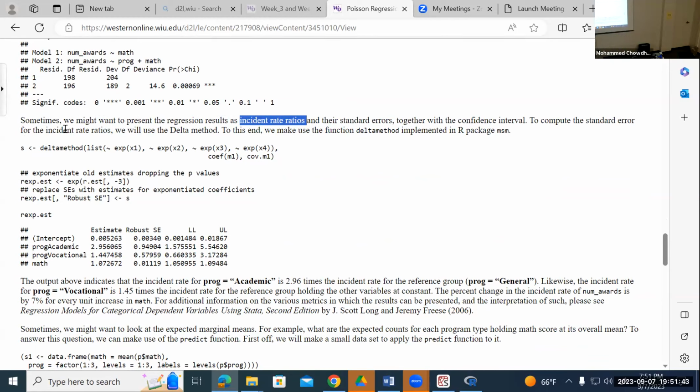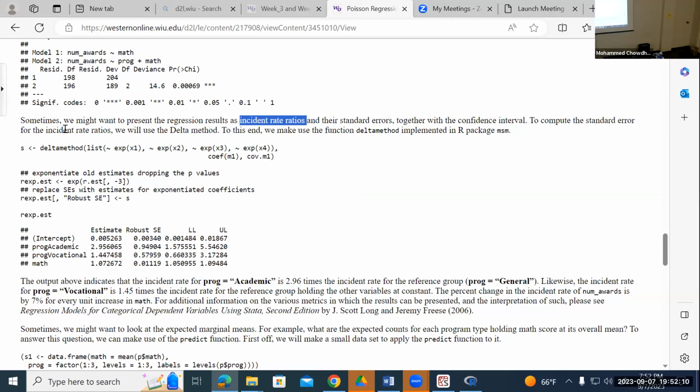Sometimes we might want to present the regression results as incidence rate ratios and their standard errors together with the confidence interval. To compute the standard error for the incidence rate ratio, we will use the delta method. To this end, we may use the delta method function implemented in the R package. So you are using the delta method in here.